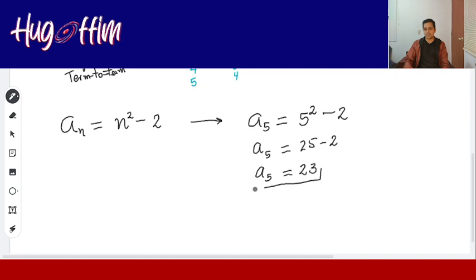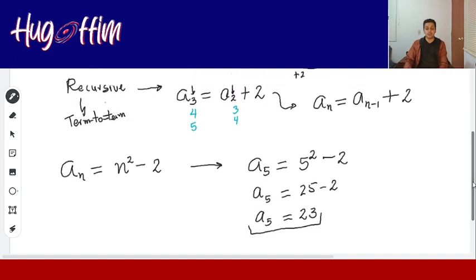So this is how you can use the function rule to get a term of the sequence. So now, as you can observe, we have two options to get the term of a sequence. One is if you have the recursive formula, or the other is if you have the n term. If you have the recursive formula, you need to have one term of the sequence to get the next, and if you have the rule of your sequence, the n term, you just need to replace n by the number of the term you want to get. In this case, 5, for example.